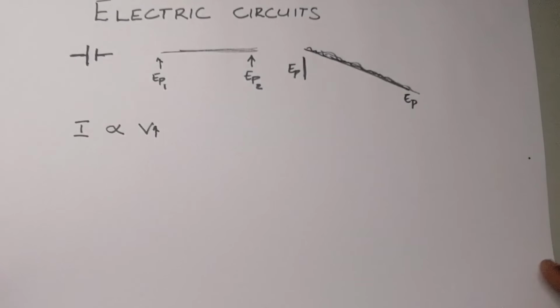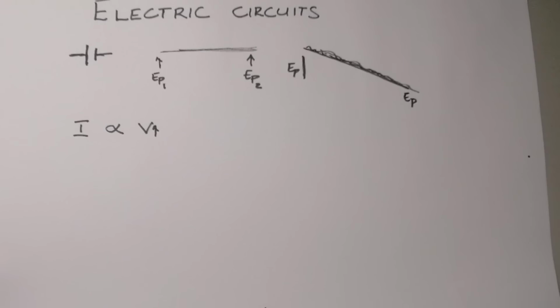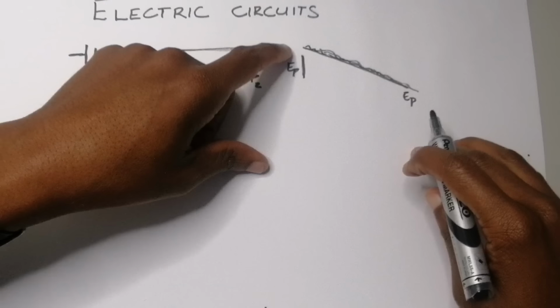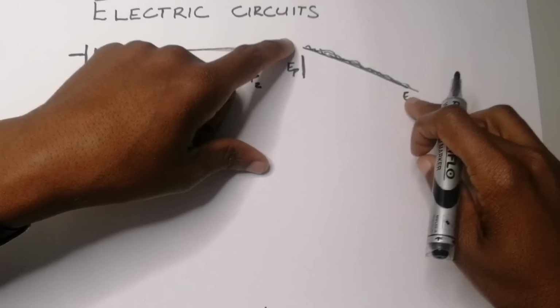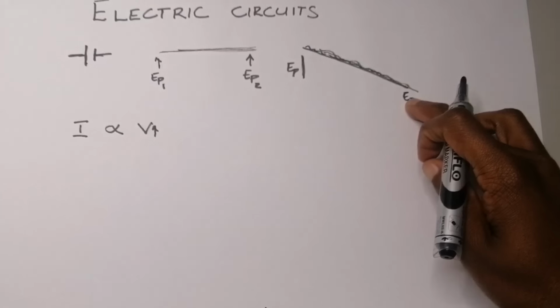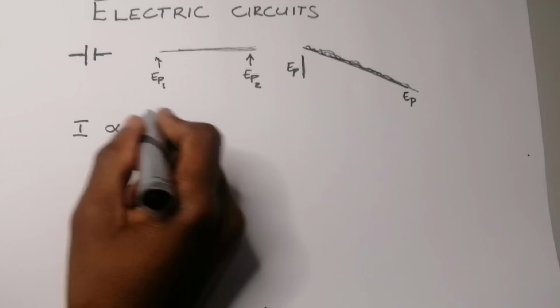So the steeper the surface, right, it makes water flow faster. So it means the greater the potential difference between the two areas, right, the greater the current. And that's exactly what Ohm's law is simply saying. It's simply saying the greater the potential difference.